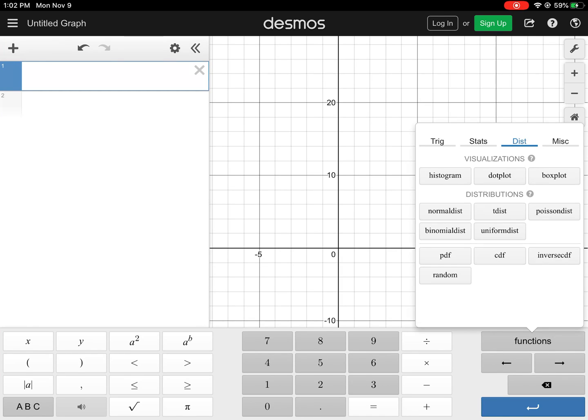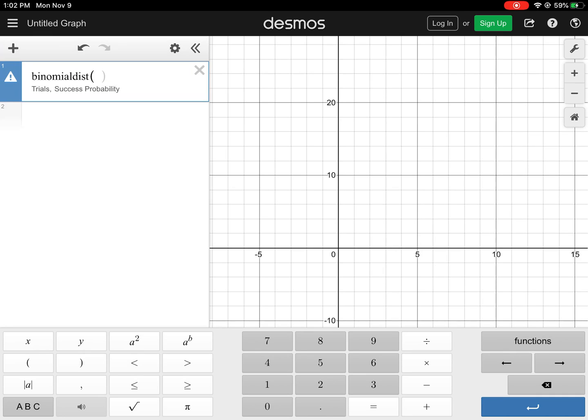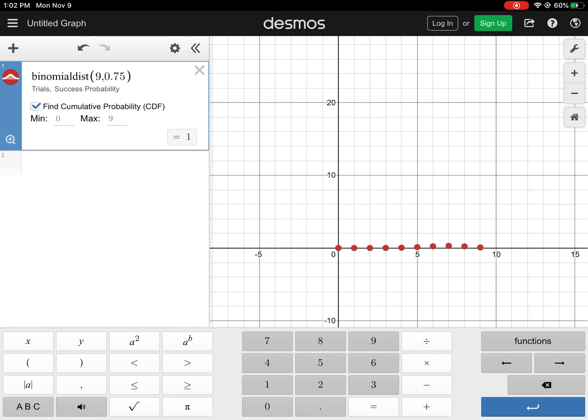We're going to go into function, and this time we're just going to do the binomial distribution. There are 9 trials with a probability of success of 75%. Now we want a cumulative probability because we want to add up all of the probabilities from 5 to 9. So I'm going to hit the check mark.